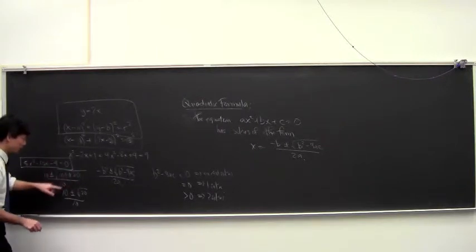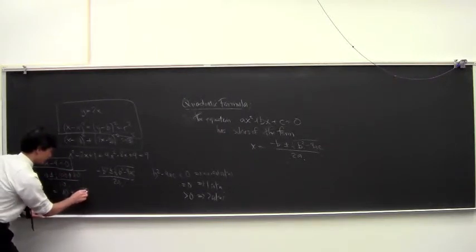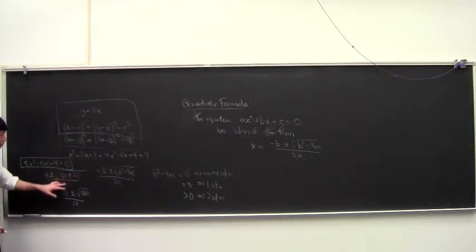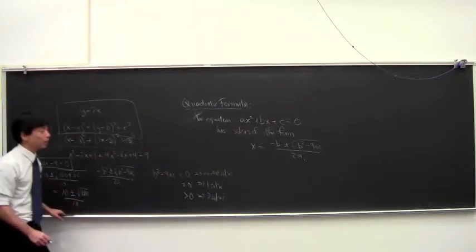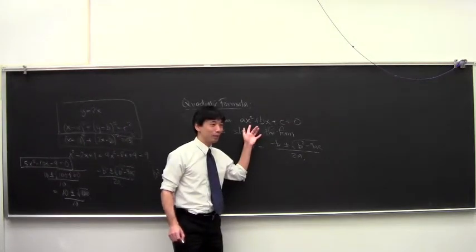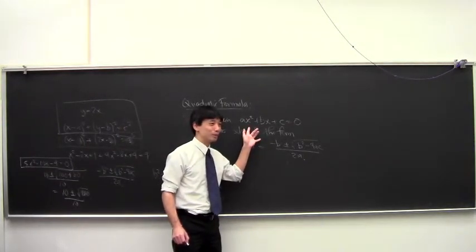This should be a plus. Divided by 2a, so that's 10. So these are the solutions. Now, as for why that happens, I don't know if you're asking why that happens.